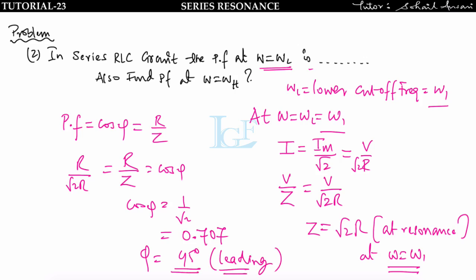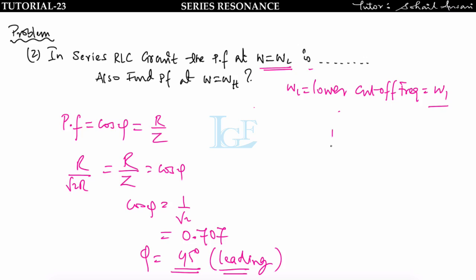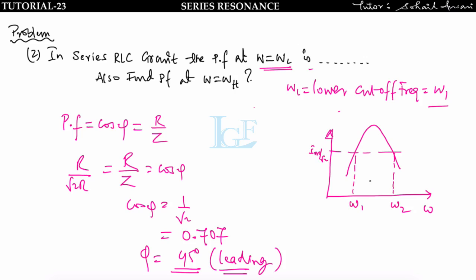See, at lower frequency, if you plot the current graph with respect to omega, you will get a graph like this. This is my Im by root 2, this is the lower cutoff frequency and this is the higher cutoff frequency. And this is the resonance frequency, where I am getting Imax, that is omega naught.